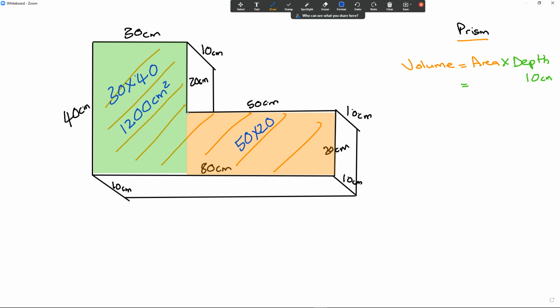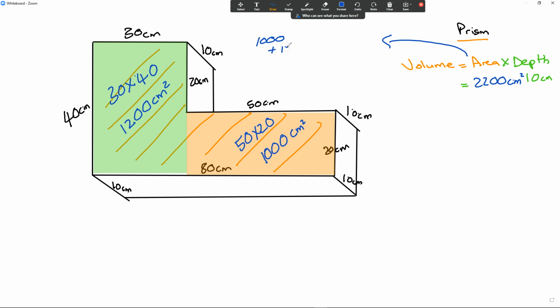Because this one here is going to take that multiplied by that. We don't want to go outside the orange space. That's 1,000 centimeters squared. And now I can add it up: 1,000 plus 1,200 equals 2,200.